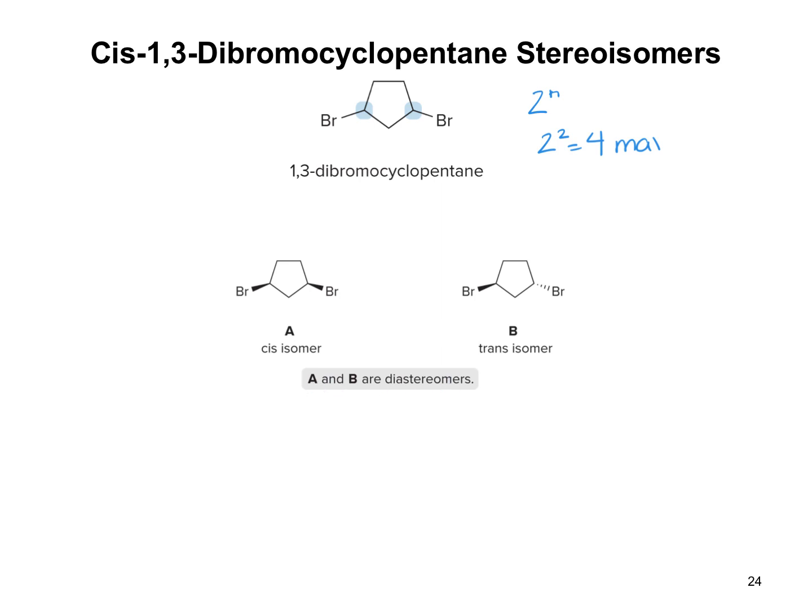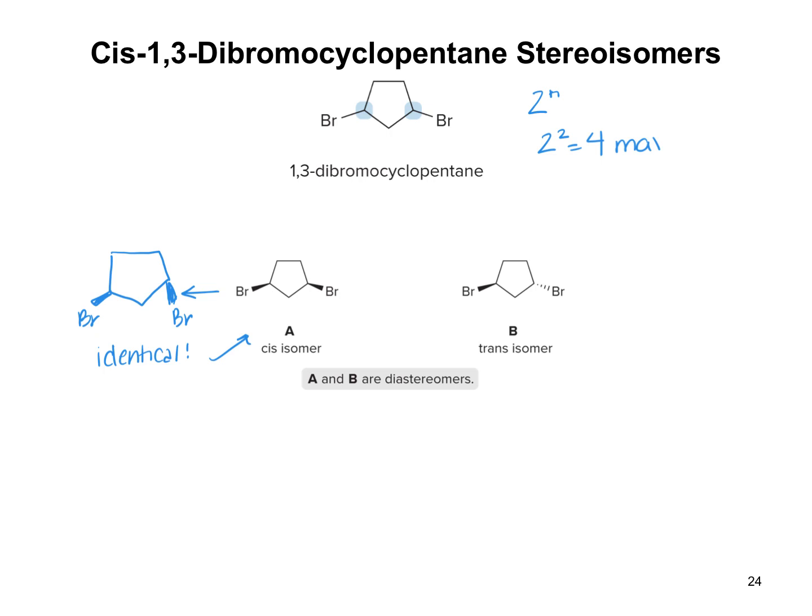Okay. Now, to find the other two stereoisomers, if they exist, we draw the mirror image of each compound and determine whether the compound and its mirror image are superimposable. So, for example, if we have the cis isomer here and we draw the mirror image, that's identical to the original, right?